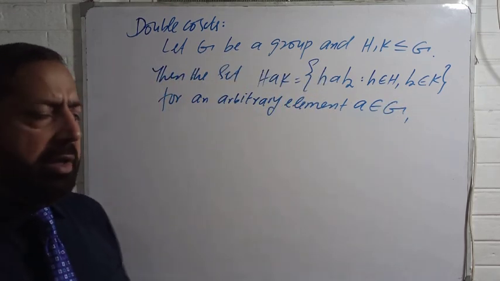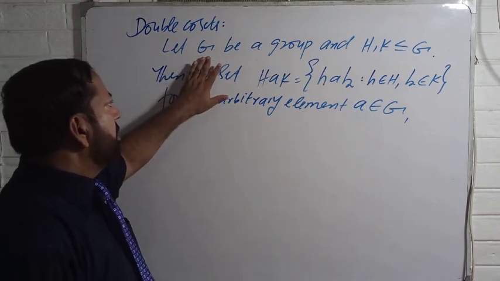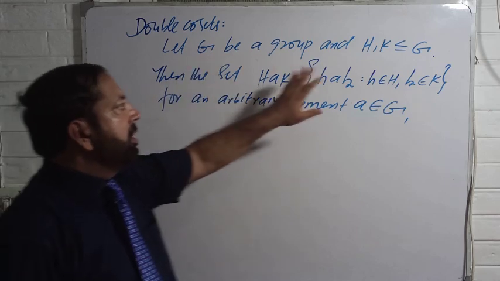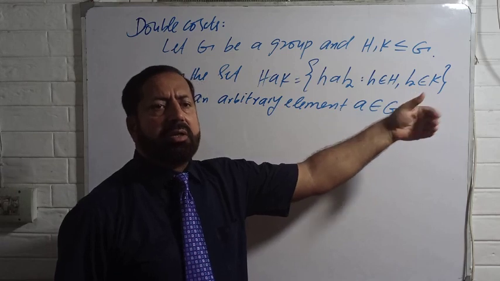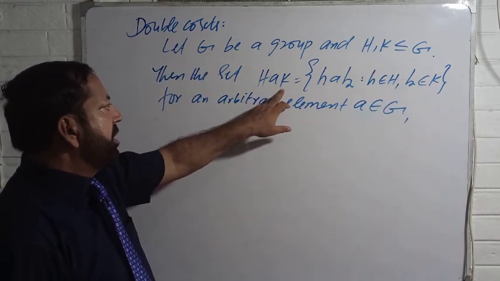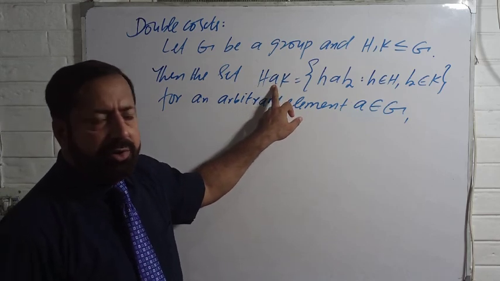Okay, what is the definition? The definition is you take G as a group and H, K be two of its subgroups. H is a subgroup of G and K is a subgroup of G as well. We define the set HAK. Here we are fixing the element a.